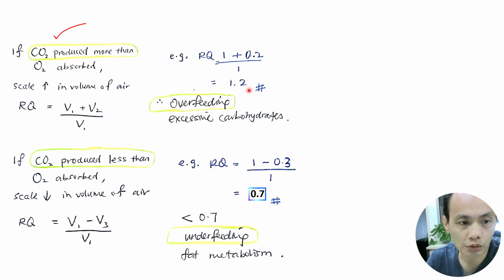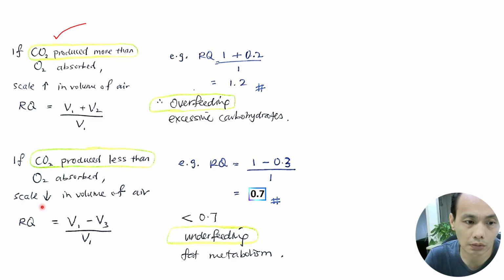Assuming that maybe the organism is overfeeding, the fat becomes carbohydrate, meaning more carbohydrate is being used, so the RQ will be more than 1.